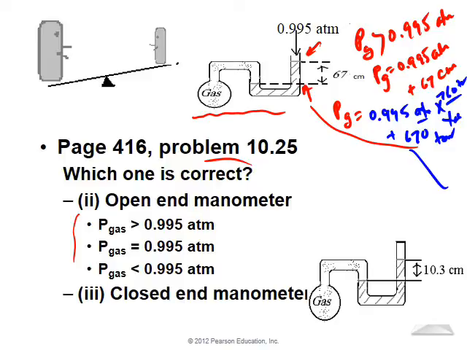The other way of doing it is basically by imagining a seesaw. Now I have drawn a dotted line. Assume that this is the seesaw, remaining horizontal. On one side of the dotted line, I have a gas, pressure of the gas, and that's balancing the height of 67.